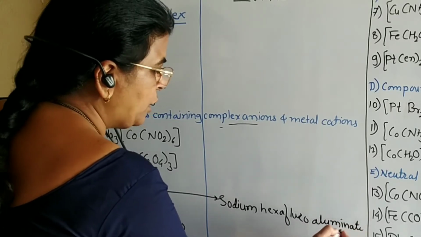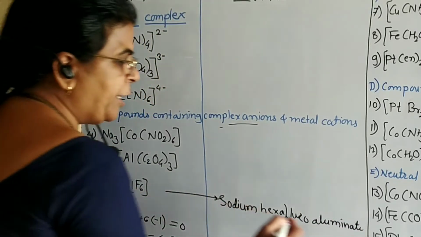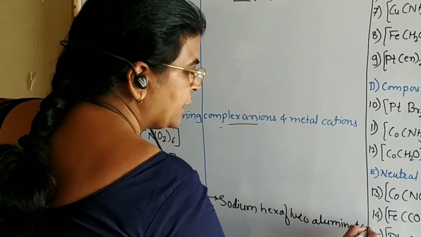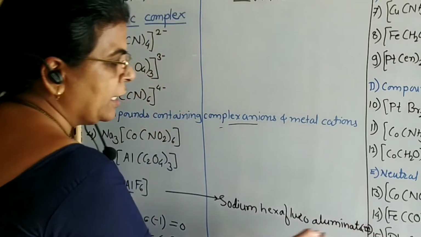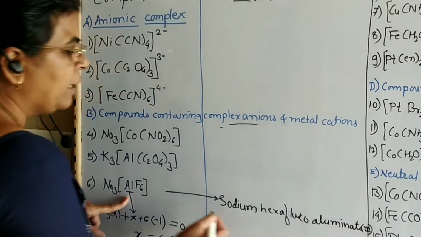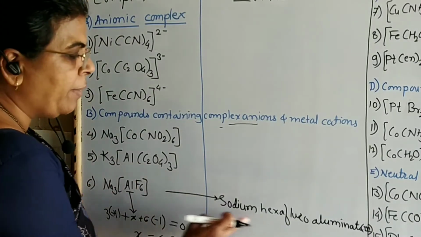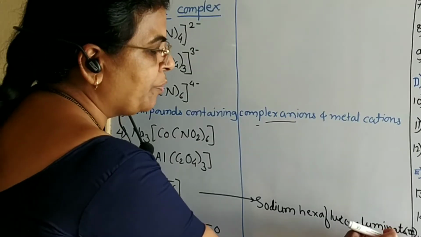The oxidation state of this aluminate is 3. Write this 3 in parentheses. This is the name of this complex, sodium hexafluoroaluminate(III).